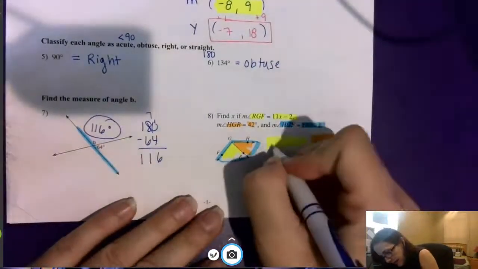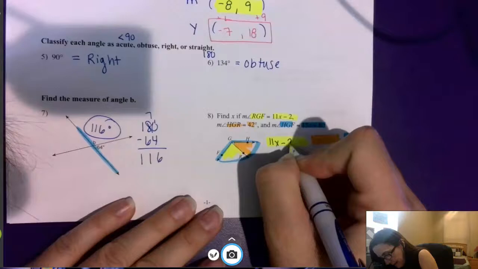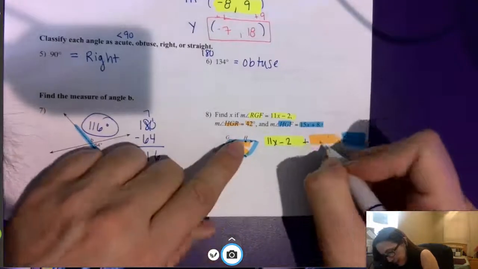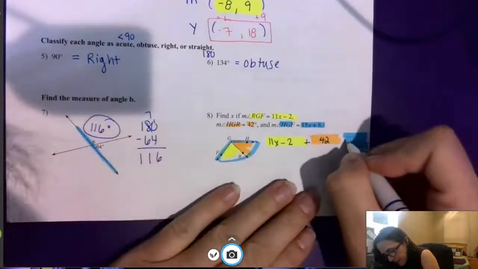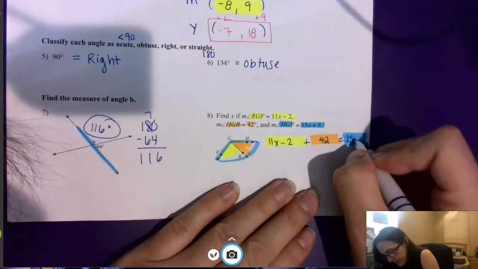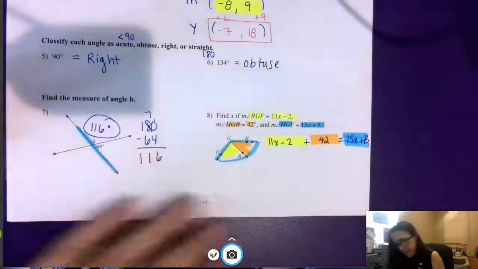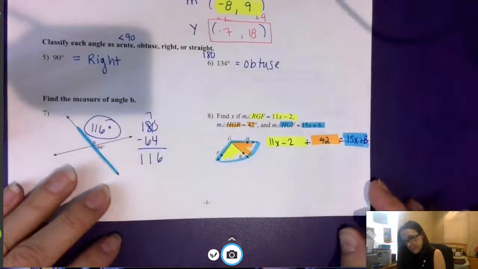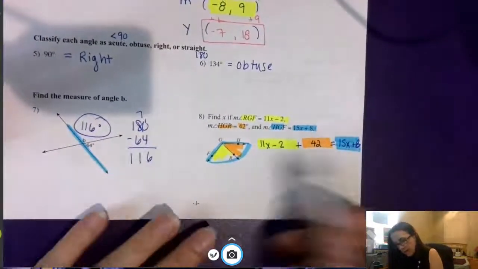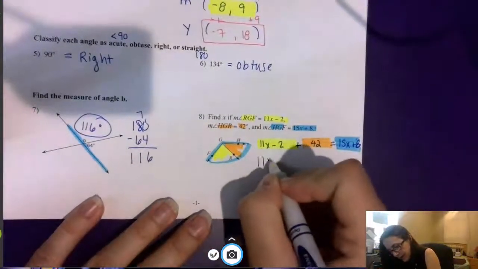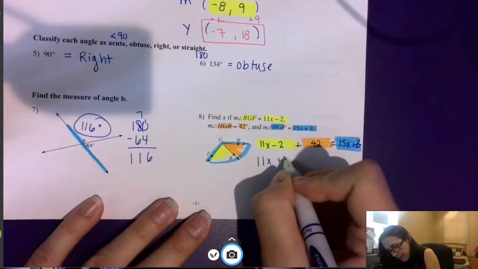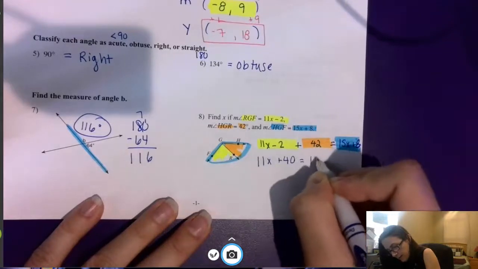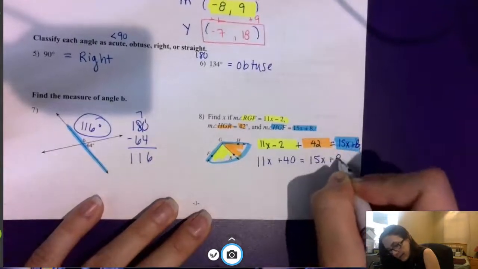So I have 11x minus 2 plus 42 equals 15x plus 8. So here is my equation. Okay, combining like terms, 11x, 42 minus 2, I get 40, equals 15x plus 8.